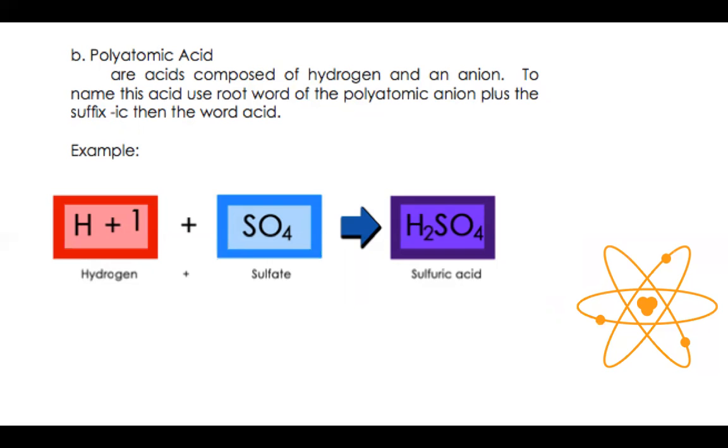To name this acid, use the root word of the polyatomic anion plus the suffix IC, then the word acid. Example, hydrogen plus SO4, sulfate. So yung sulfate, i-change mo into IC. So it becomes sulfuric acid.